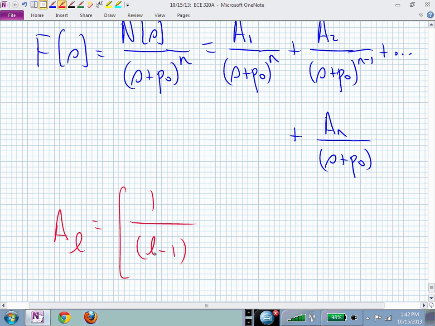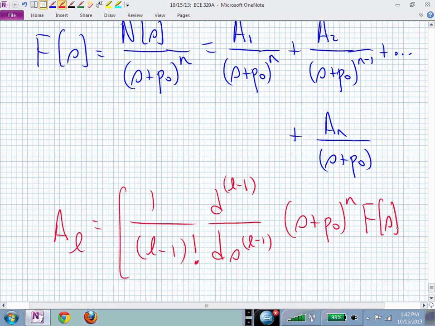Maybe we need to make that an L. A sub L is equal to 1 over L minus 1 factorial, d to the L minus 1 ds to the L minus 1. So we differentiate L minus 1 times this lovely expression, s plus p sub 0 to the n, F of s, and where would we evaluate that?